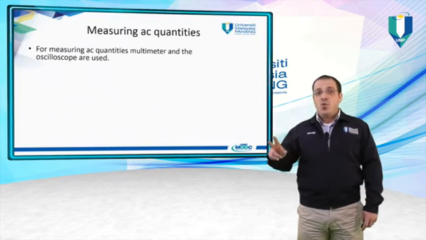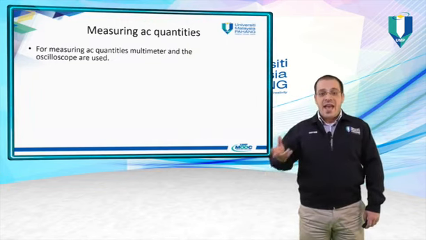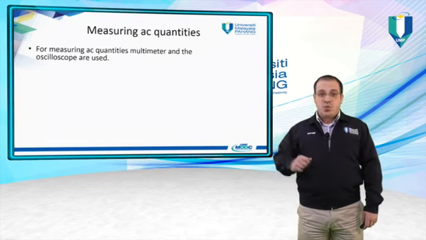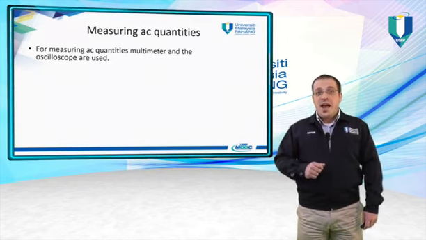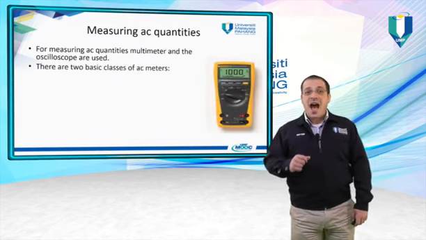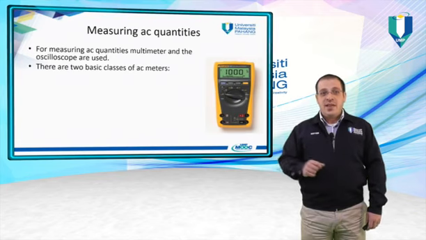So we have two devices to measure the AC values. One of them is the multimeter, which should be adjusted to AC function, and the other is the oscilloscope. There are two basic classes of AC meters. One measures the RMS correctly for a sinusoidal waveform, and it's called an average responding instrument.